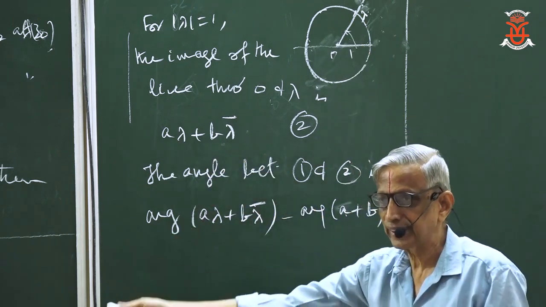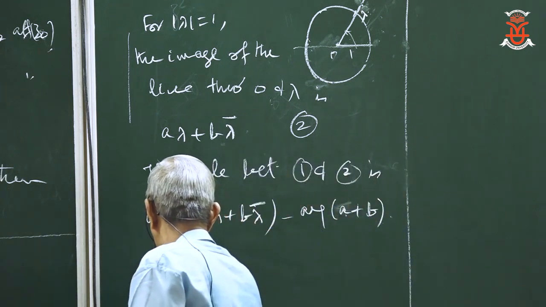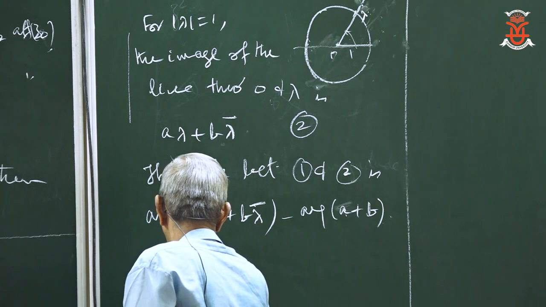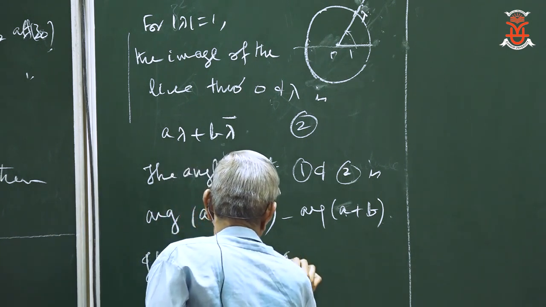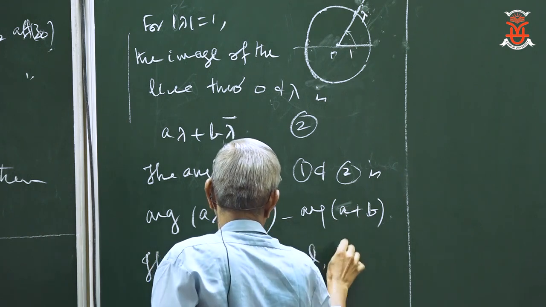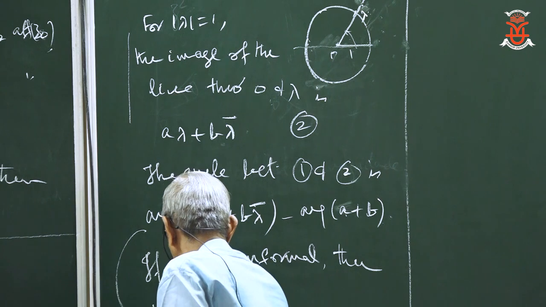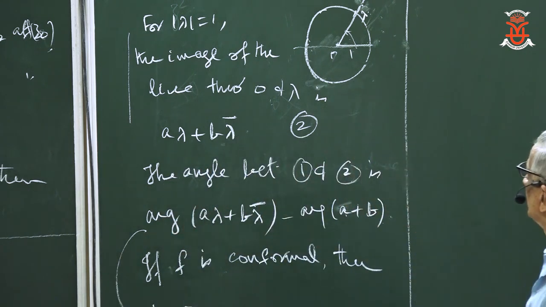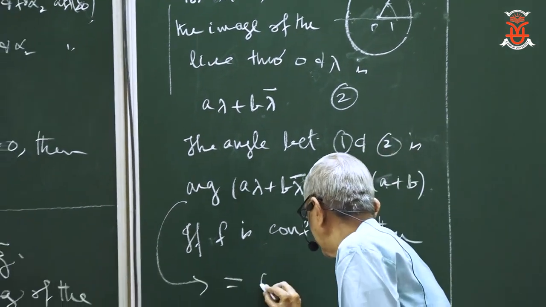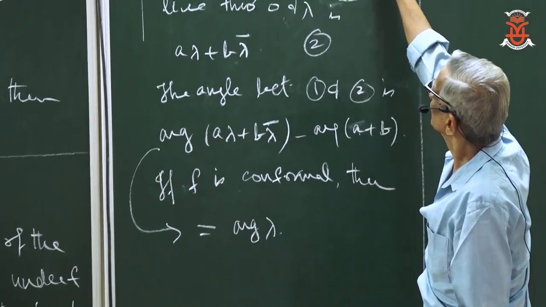So if f preserves angles, if f is conformal at 0, then this is equal to the argument of lambda, right?